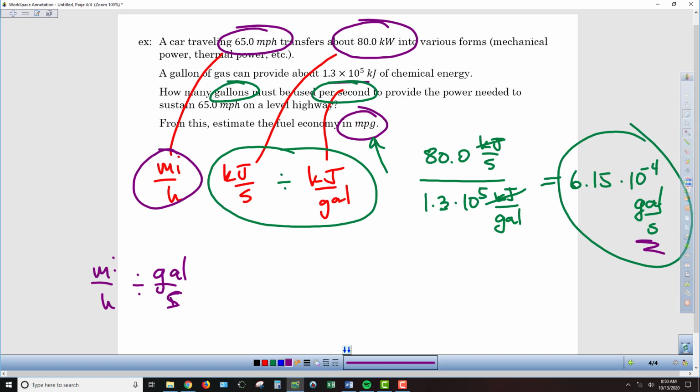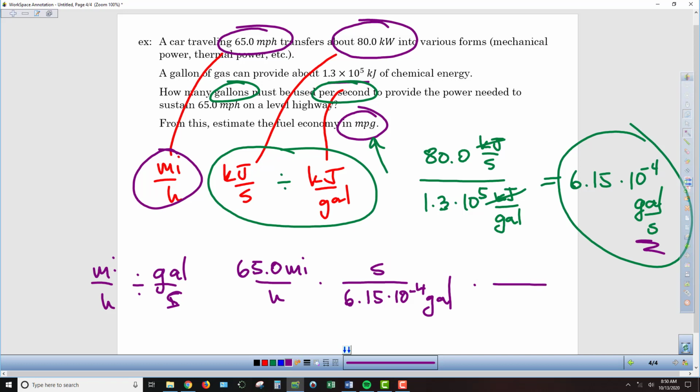So I'm going to take that 65 miles per hour, and then I'm going to multiply it by the reciprocal of the quantity that we calculated. So we've got 6.15 times 10 to the negative fourth, that's going to be gallons on the bottom and seconds on the top. Then I've got my miles, I've got my gallons, but I don't have my times canceling out right now.